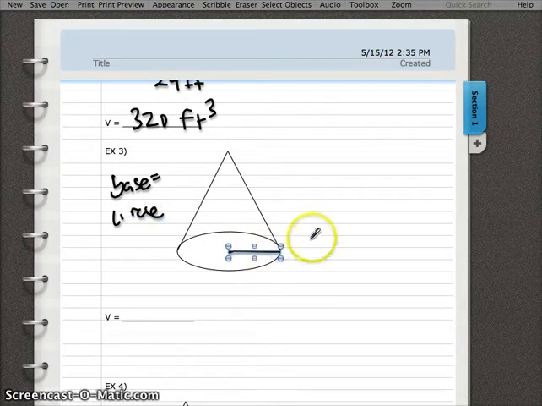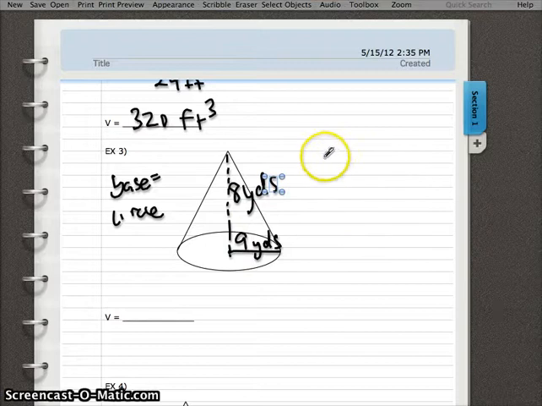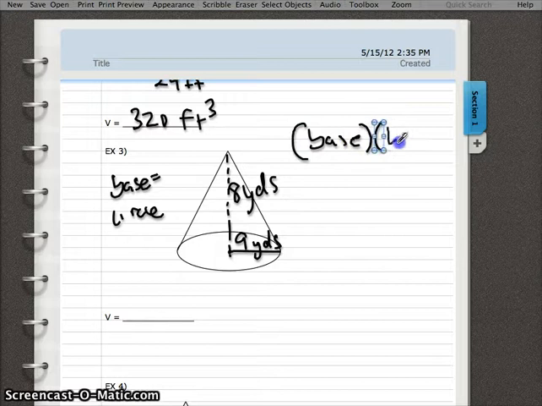Say that on our first example we know that the radius is 9 yards. And they're nice to us and they give us the height of 8 yards. So we'd find the base area and multiply that by our height and divide by 3.